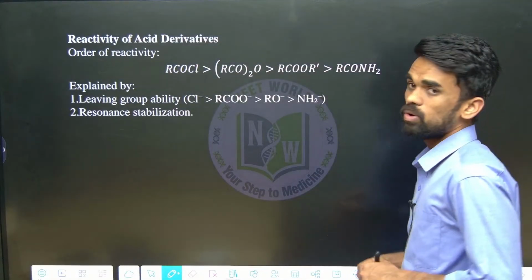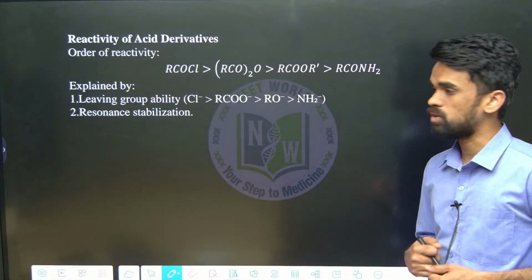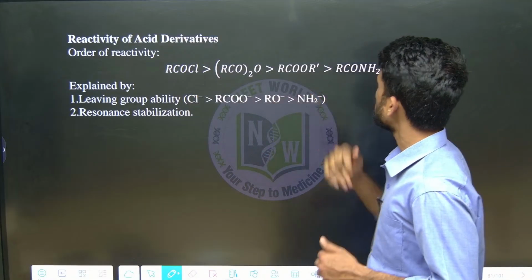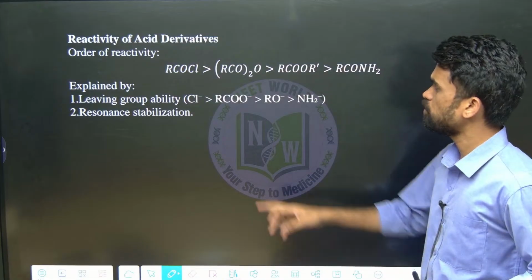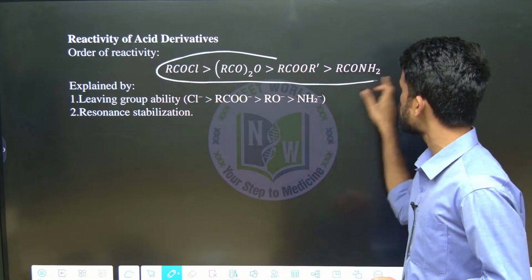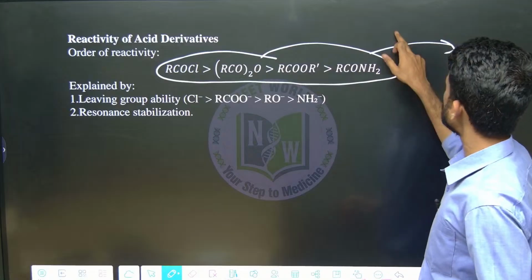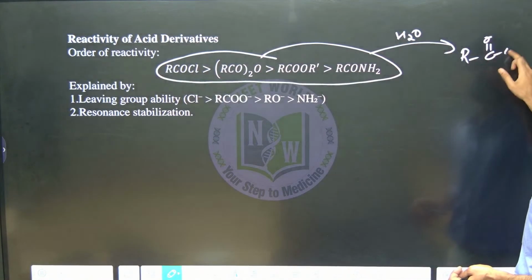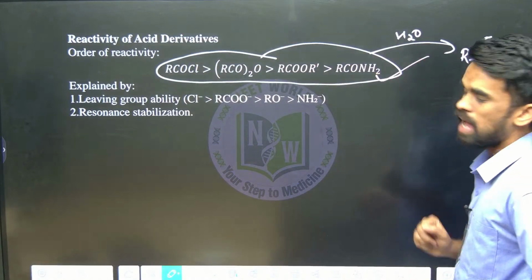So now we have different acid derivatives. Why are we calling them acid derivatives? Because if you hydrolyze any of these compounds, you are going to get a carboxylic acid. That's why we call them acid derivatives.